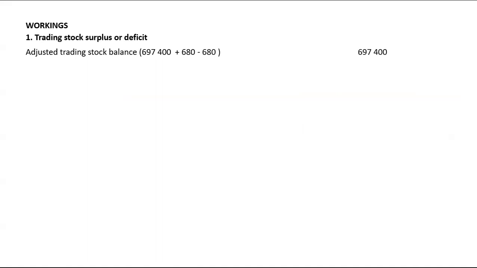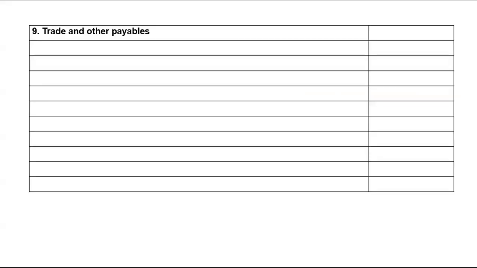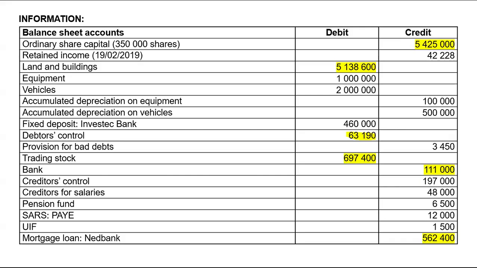When it's returned to the supplier, it will affect trade and other payables. So for trade and other payables, you will look for creditors control in your pre-adjustment trial balance. Your creditors control is 48,000. From that 48,000, actually I'm lying, it is 197,000.